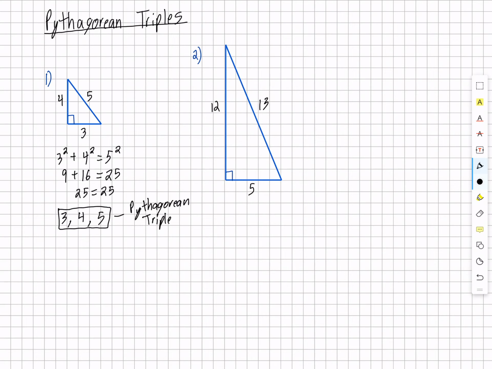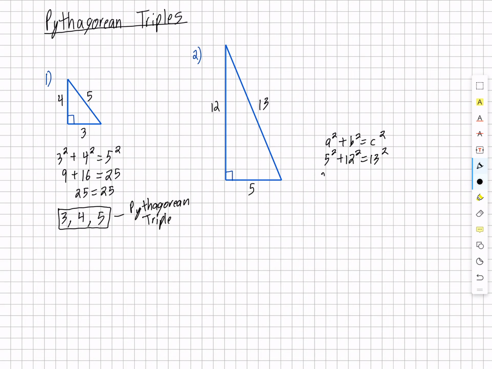And I have another example here of a triangle with legs 5 and 12 and the hypotenuse is 13. So if we wanted to check this again, we'd use the Pythagorean theorem, a squared plus b squared equals c squared. And so we take 5 squared plus 12 squared, that's equal to 13 squared.